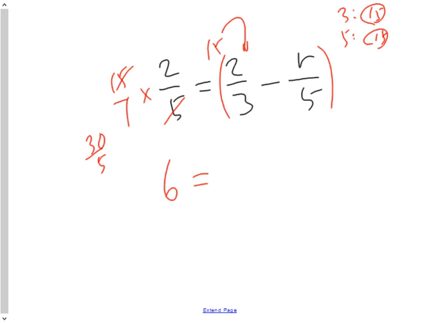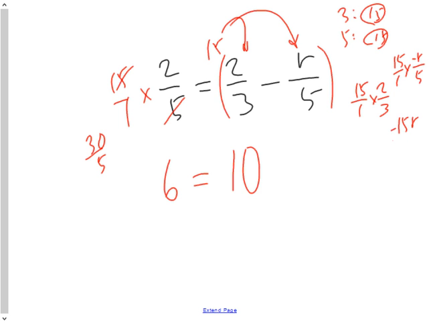Because it's two terms on the right, I need to use distributive property. I probably should rewrite it. That will be 30 over 3, which is 10. This one would be 15 over 1 multiplied by negative r over 5. That would be negative 15r over 5, which is negative 3r.